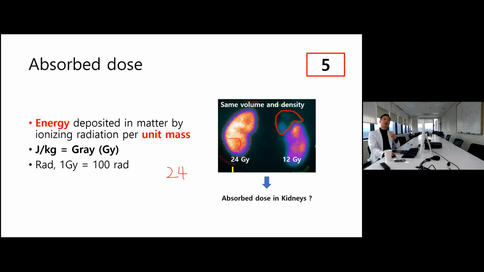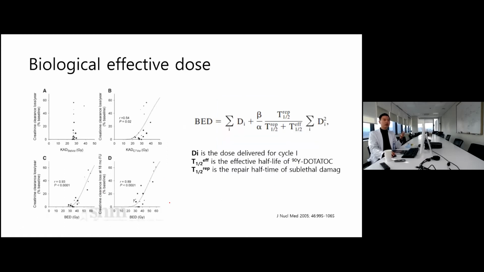Imagine we give 24 gray for the first cycle and 24 gray for the next cycle, so the cumulated dose will be 48 gray for the kidney.